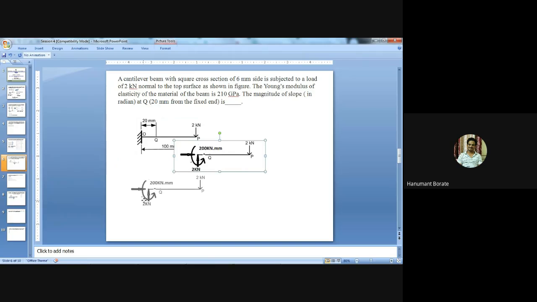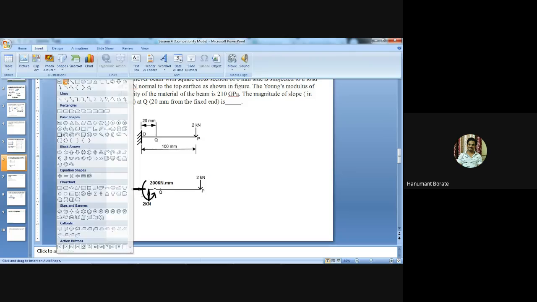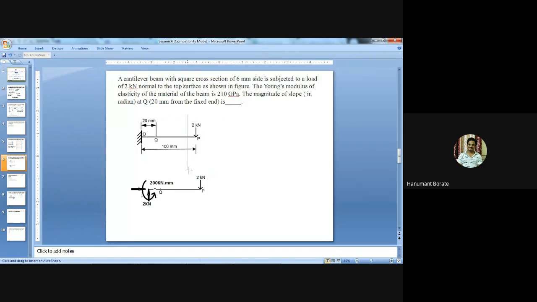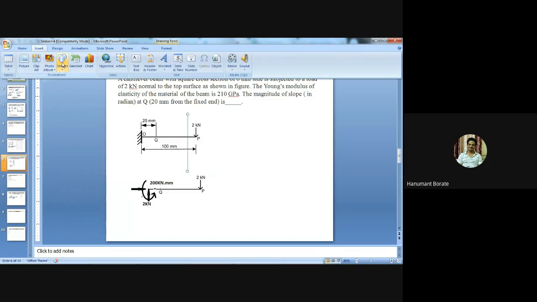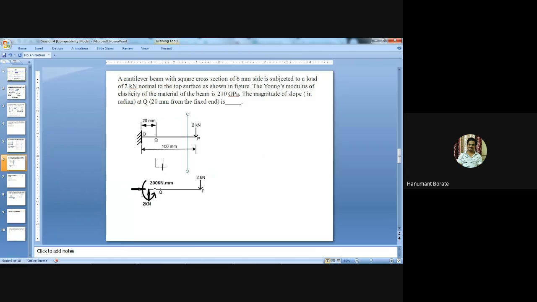Now the next task is important, that we need to take a section. Here I will take a section. Now let this distance be x from the left hand.